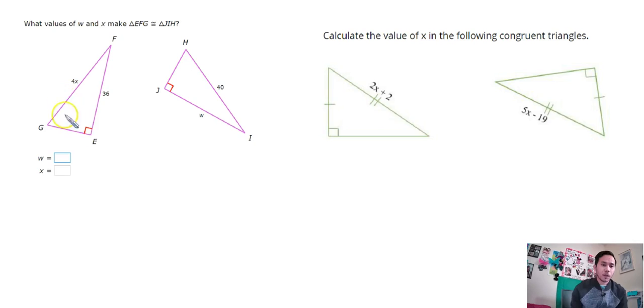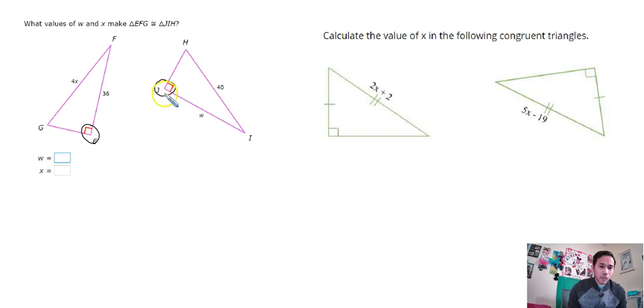Now let's take a look at this one. What is the value of W and X to make these two triangles congruent? First, you have to analyze the given triangles and make sure that you know the corresponding parts.